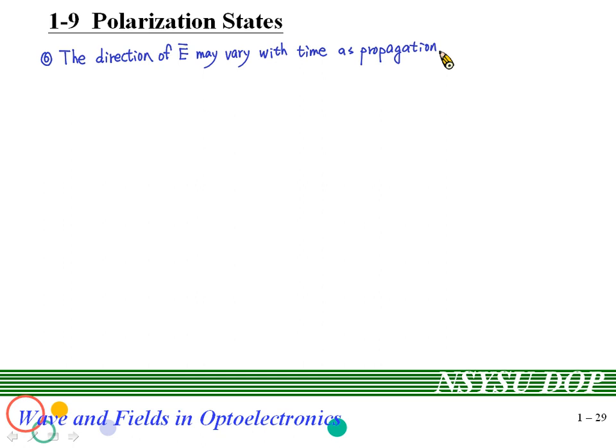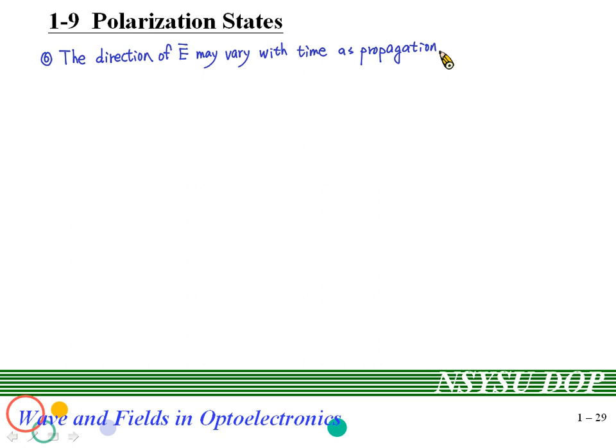You may wonder why we choose the direction of the E field to define the polarization state. This is because the H field and the E field, both these fields are perpendicular to the propagation direction. As a result, the direction of the H field is related to the direction of the E field.